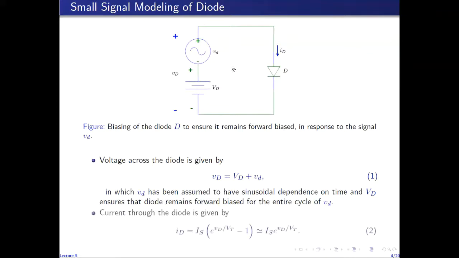The corresponding current flowing through the diode in response to this voltage vD is given by this expression. So it can be seen that the diode current has an exponential dependence on the diode voltage. Vt is the thermal voltage, Is is the scale current, or in the context of diodes, Is is also called reverse saturation current.